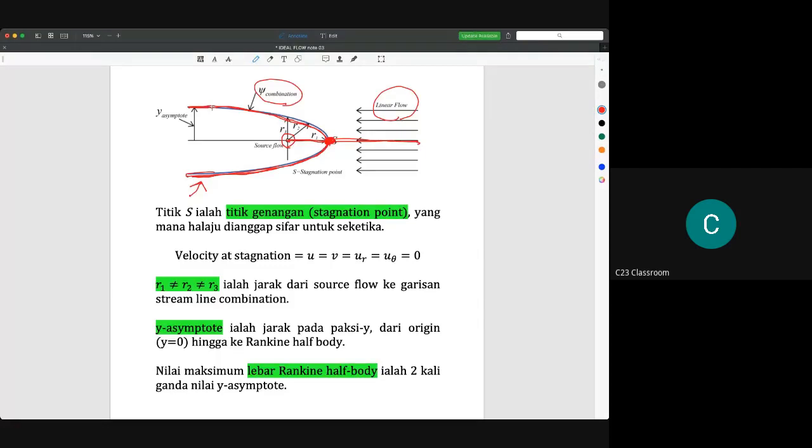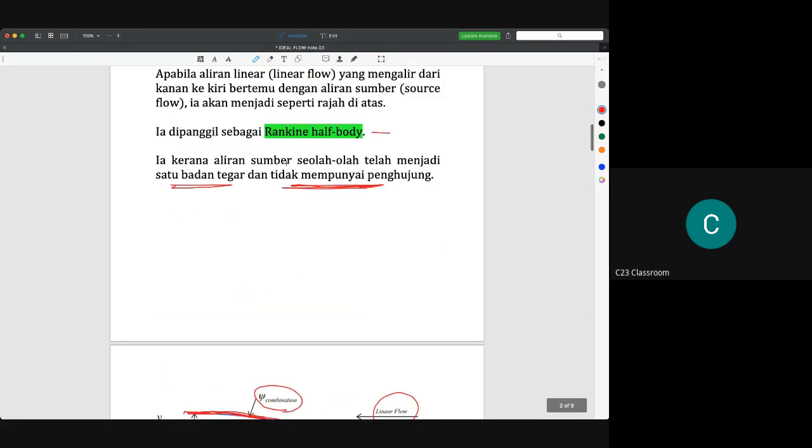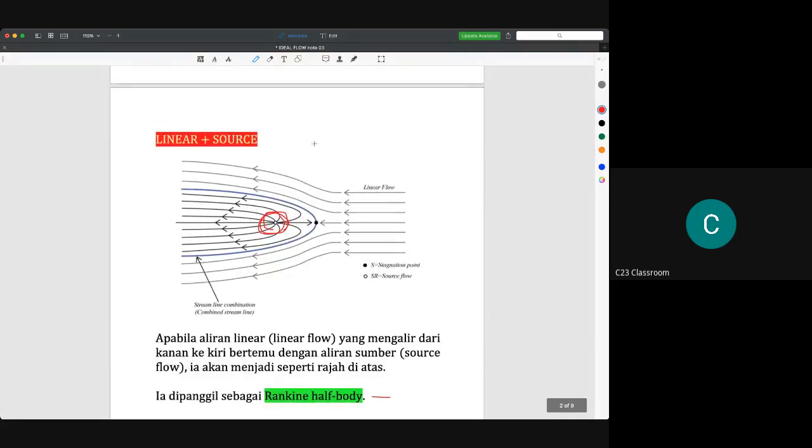So in this topic, it is okay for you just to imagine that the Psi combination is actually the combination of source and linear, which is shown as this line. Okay. Ini dalam peringkat awak saja. Kerana kalau dalam peringkat yang lebih tinggi, sebenarnya yang atas ini pun adalah combination.